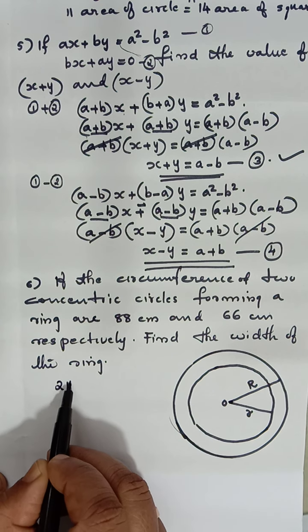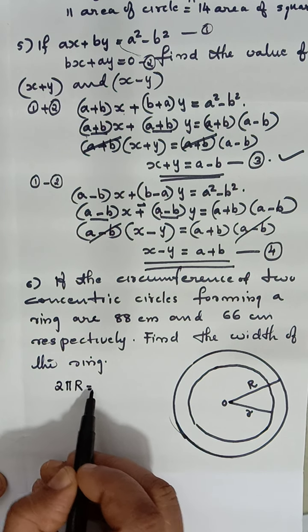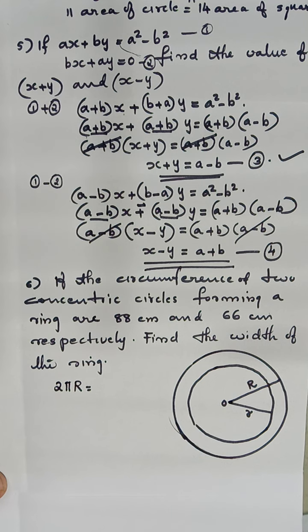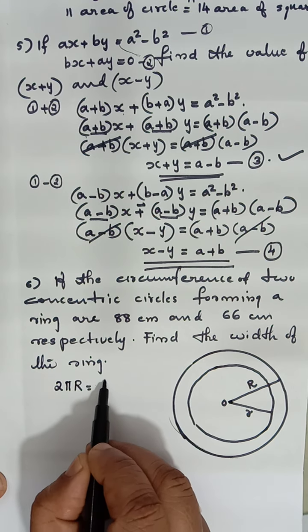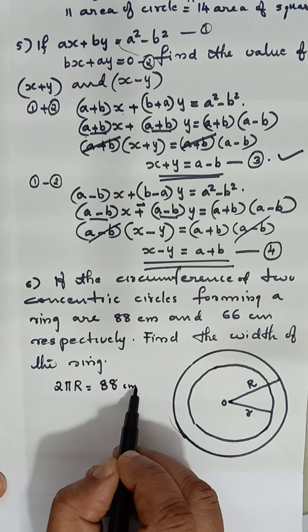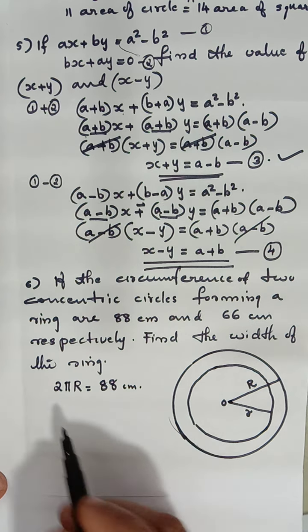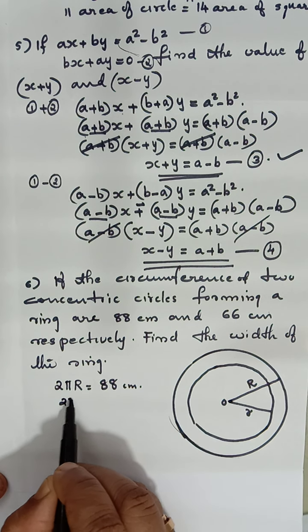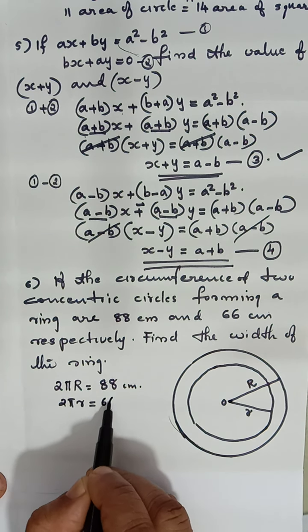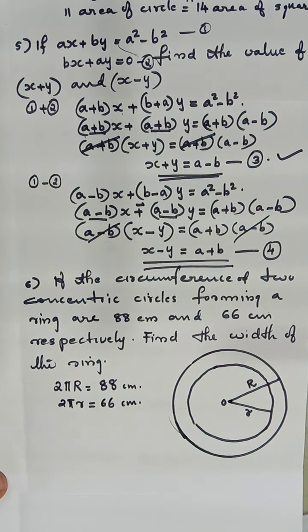We can take it as 2 pi capital R because I marked the radius as capital R. So it is 88 centimeter. Now comes the circumference of the smaller circle having smaller radius. So it is 2 pi small r, equal to 66 centimeter.